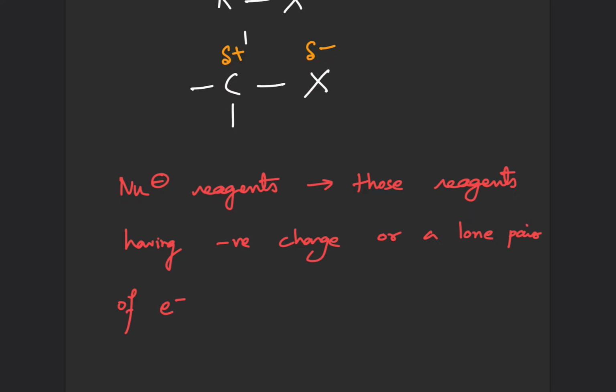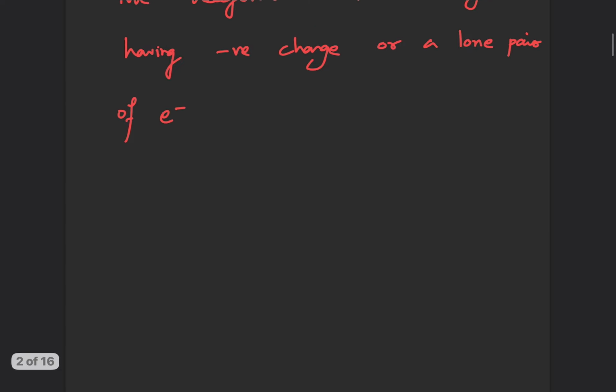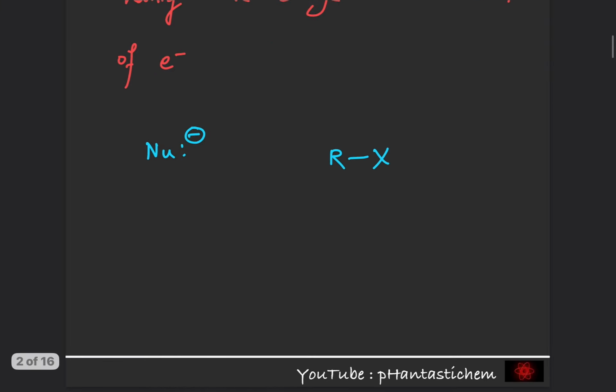So it can also be shown using a reaction. So that is, a nucleophile, we have RX. So what will this guy do? It will attack the R because R contains a partial positive charge, X contains a partial negative charge.